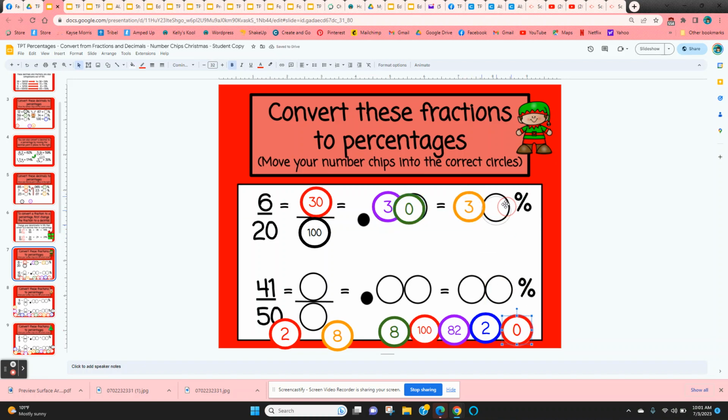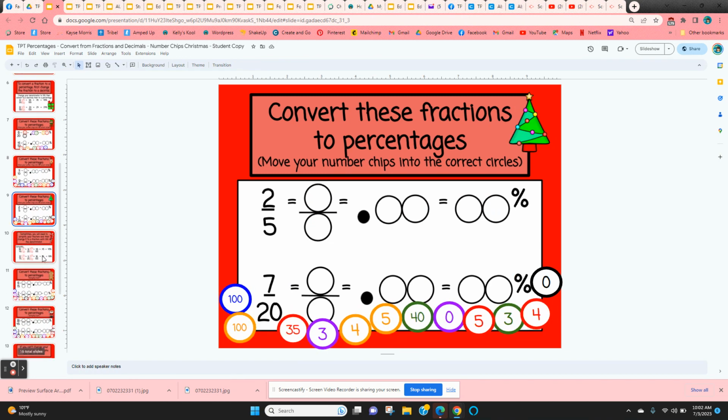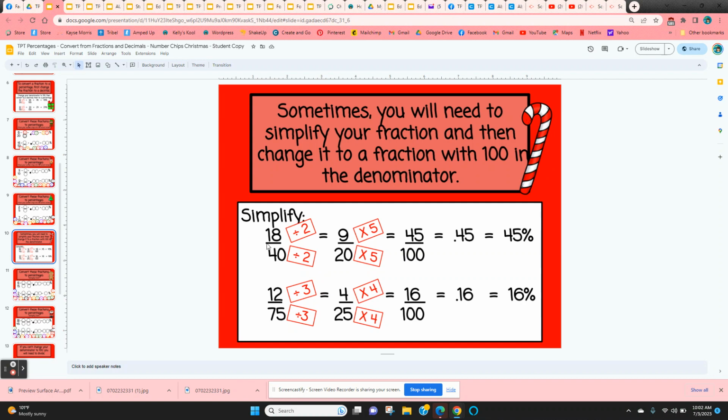So the next 2 slides, same thing. Students are going to be converting their fractions to equivalent fractions with 100 in the denominator, change it to a decimal, then change it to a percent. Now, sometimes they can't directly convert that fraction to an equivalent fraction with 100 in the denominator.